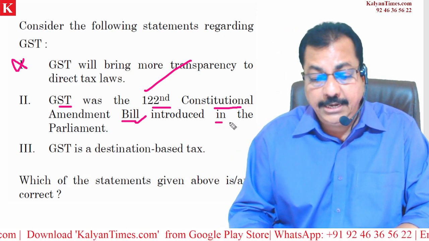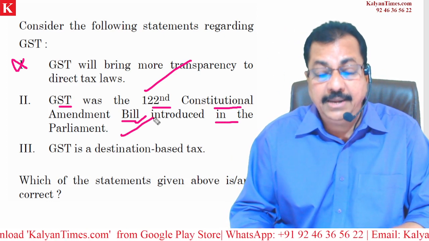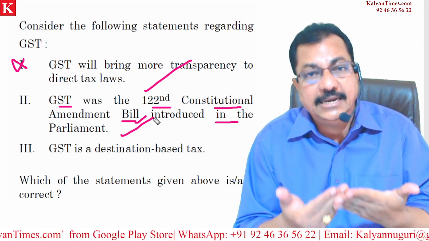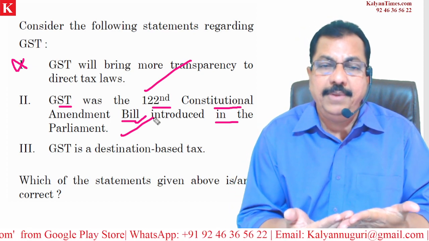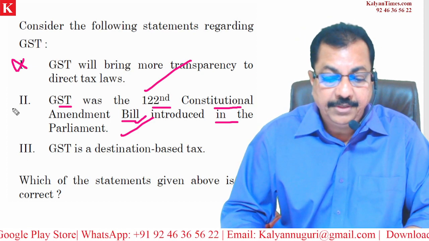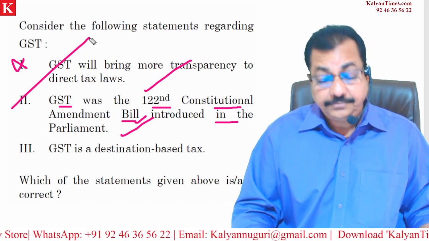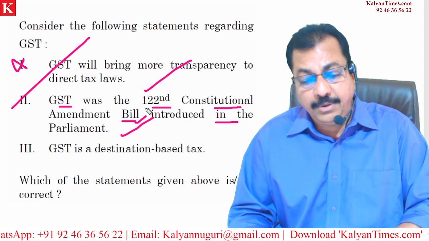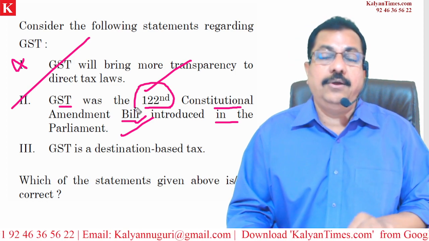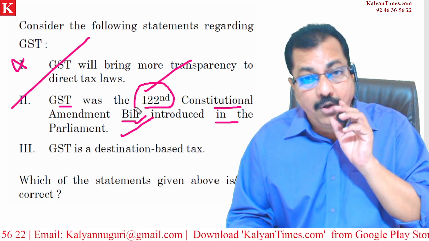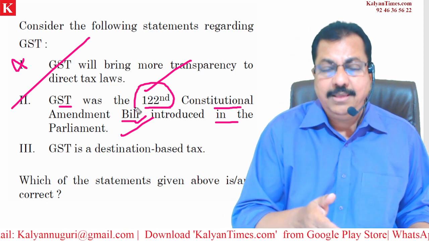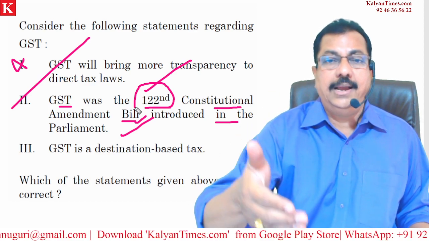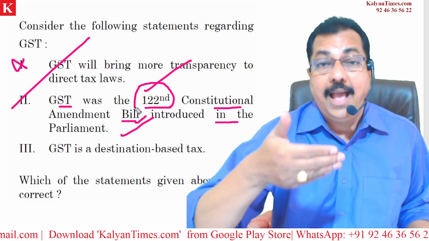It was introduced in the Parliament in the form of the 122nd Constitution Amendment Bill, and the statement is right. Very important. If you remember only 101, then we may go wrong. Hence, we need to remember the number of the bill and the number of the act.